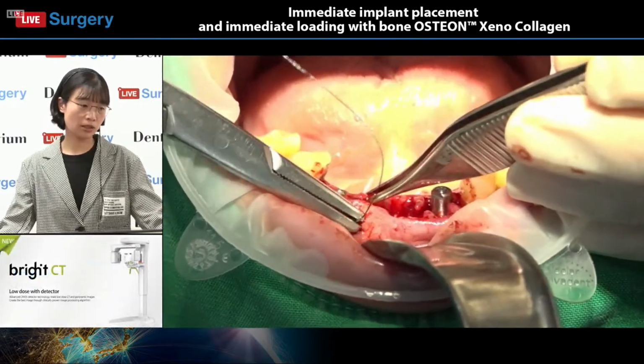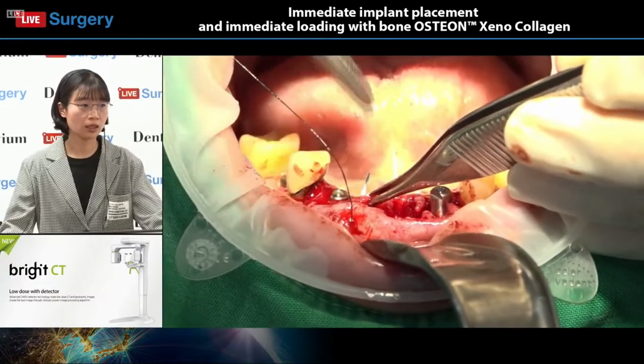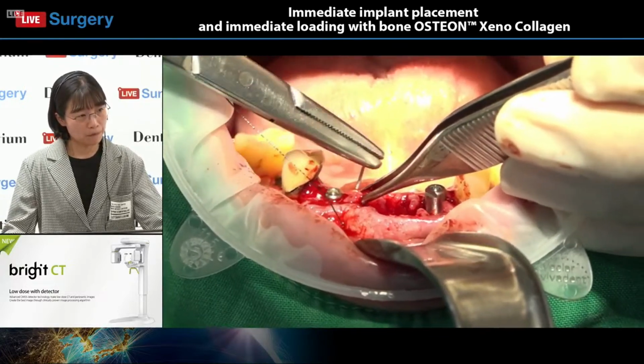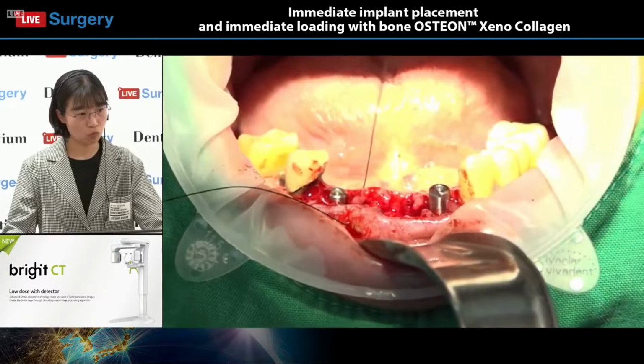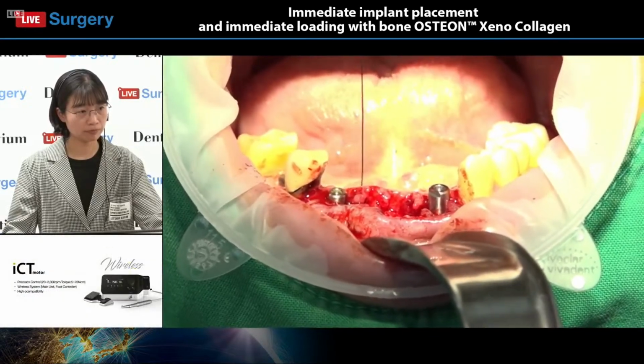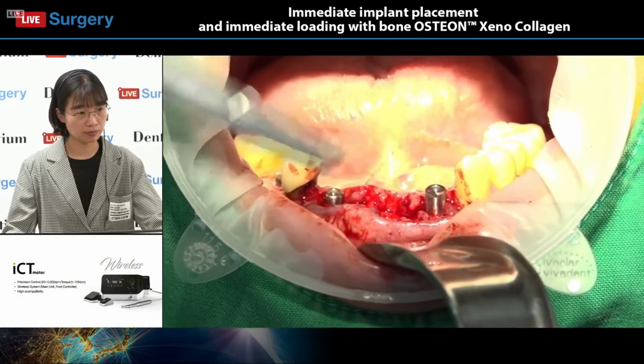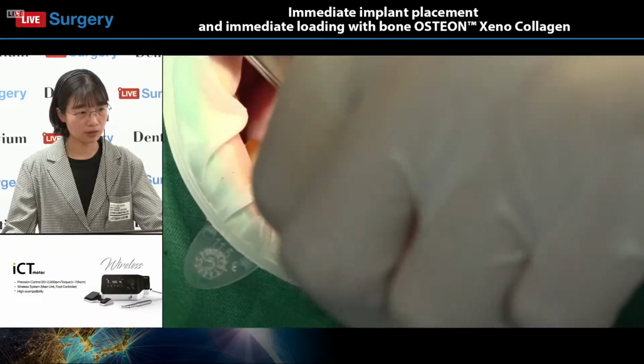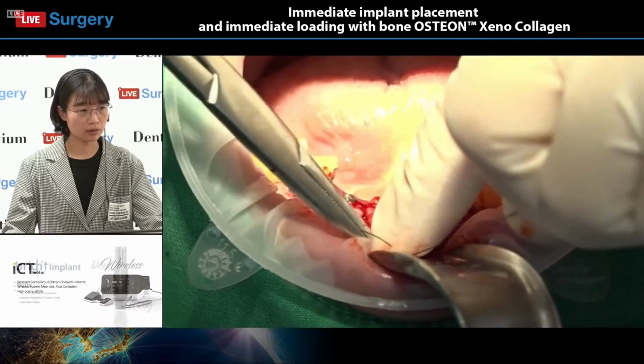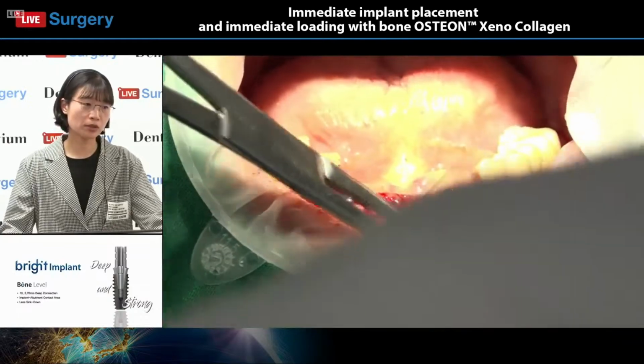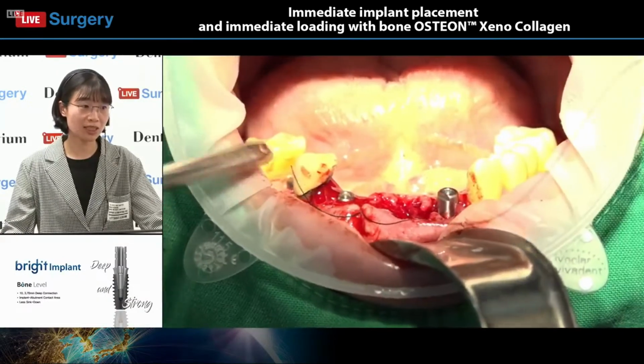Yes, now he is starting the suturing. I think the suture material is 5-0 nylon.